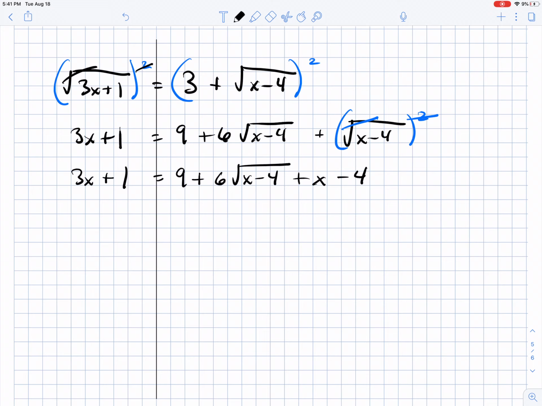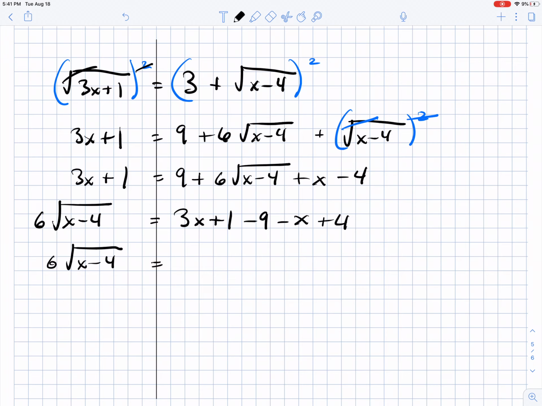So ultimately, I'll get something like the following. We have the 6 times the square root of x minus 4. On the other side, we're going to have 3x plus 1. If I subtract 9, I'm going to have minus 9 minus x plus 4. Let's keep going. Let's combine like terms. 6 times the square root of x minus 4. Let's see. 3x minus x gives us 2x.